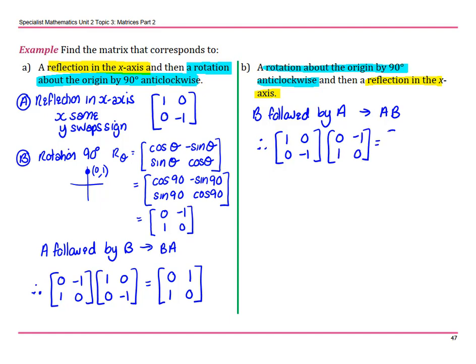So let's do that. 1 times 0, 0 times 1 is 0. 1 times -1, 0 times 0, so that's -1. Next row, 0 times 0, -1 times 1 is -1. 0 times -1, -1 times 0 is 0.